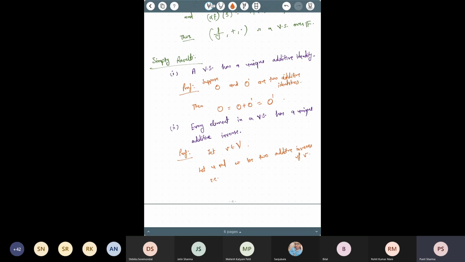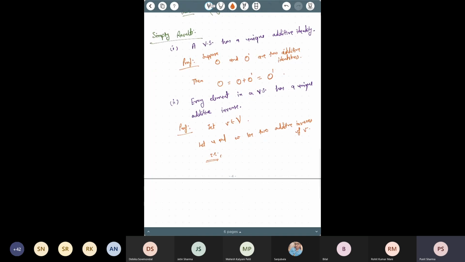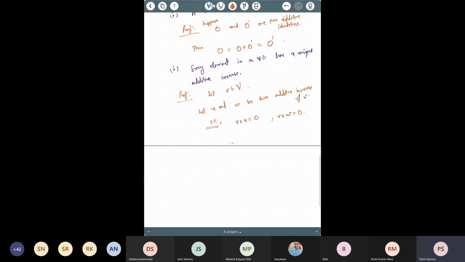This notation means that V plus U equals 0, where 0 is the additive identity, and similarly V plus W equals 0, because U and W are both additive inverses.